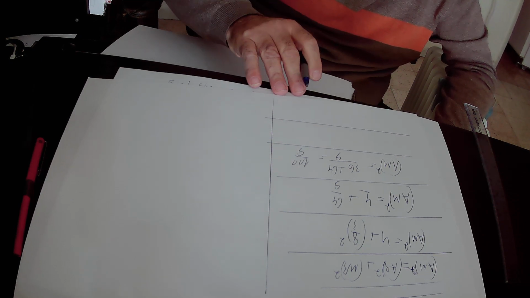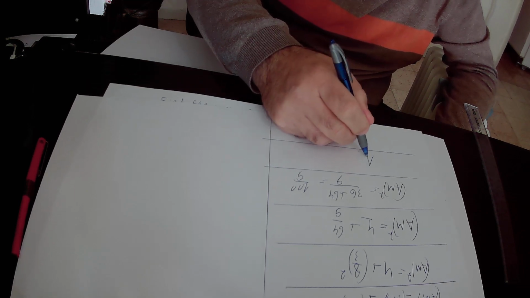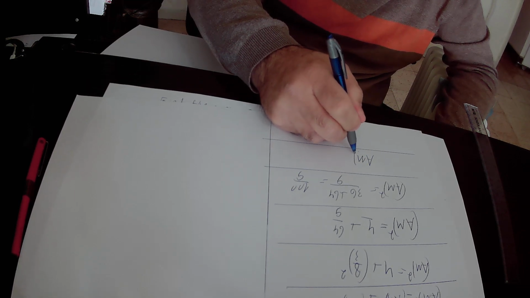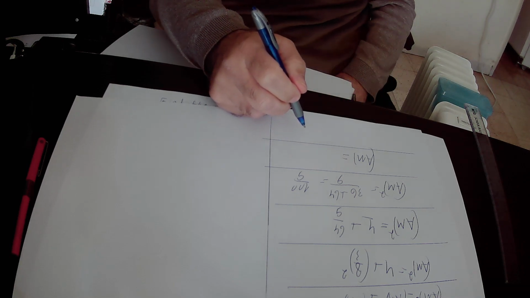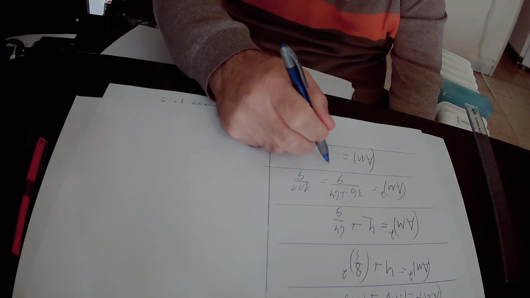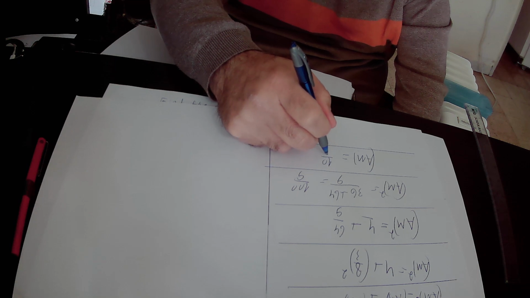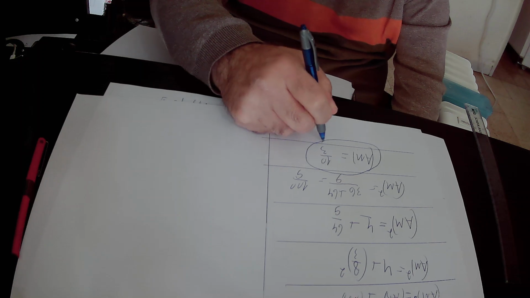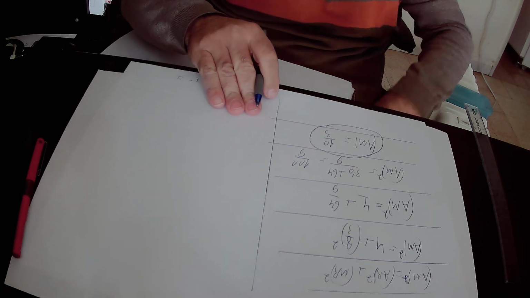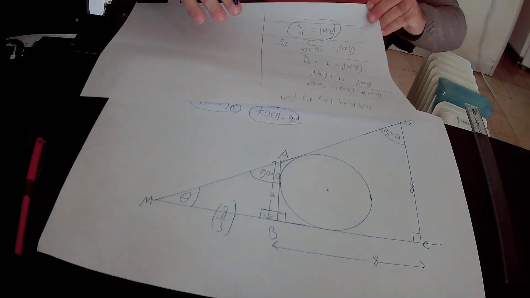We take the root of this equation and finally we get that AM equals the square root of 100 over 9. The square root of 100 is 10 and the square root of 9 is 3, and finally we found out that the hypotenuse AM equals 10 over 3 units in its length.